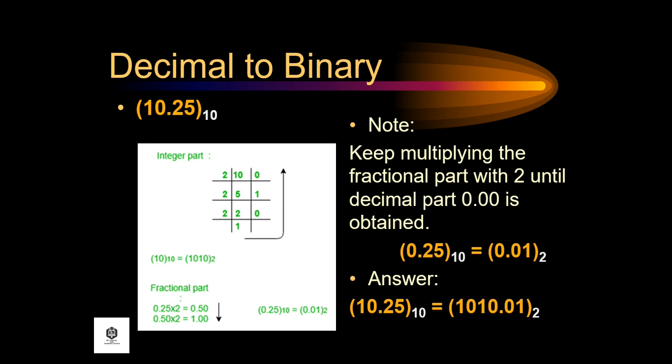For the given example, the fractional part is 0.25. 0.25 times 2 is equal to 0.50. Then 0.50 times 2 is equal to 1.00. So the answer for 10.25 in decimal is equal to 1010.01 in binary.